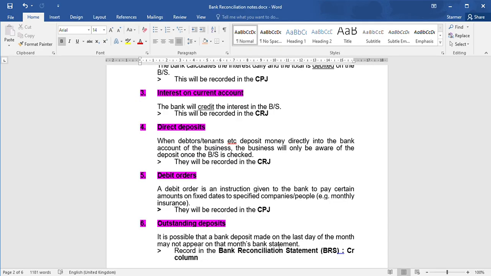If that is the case, we are going to have recorded it into our CRJ, but the bank won't have recorded it yet. So those are going to have to go into your bank reconciliation statement, and we're going to have two columns, a debit column and a credit column, and that's going to get recorded in the credit column because the bank owes us the money for that deposit.